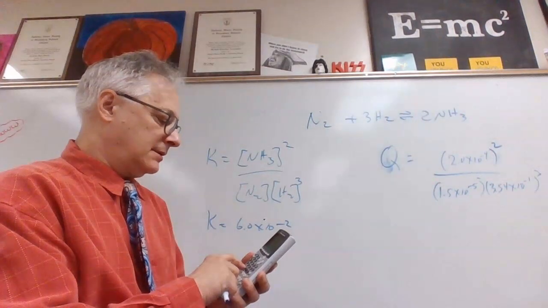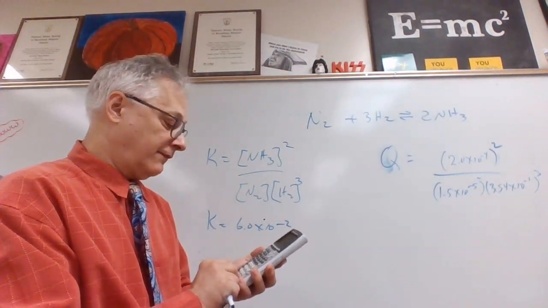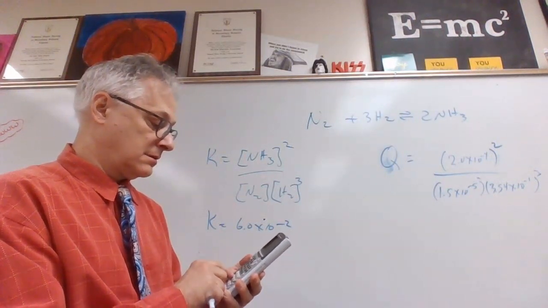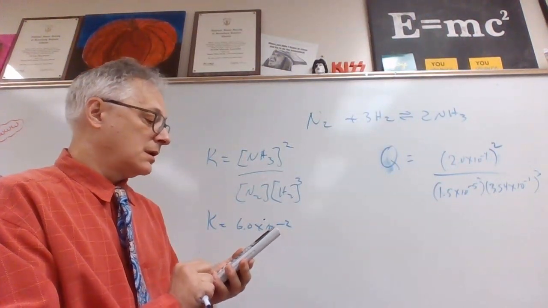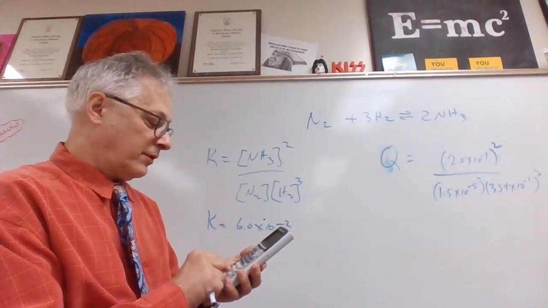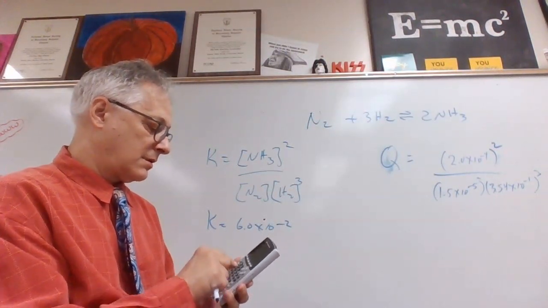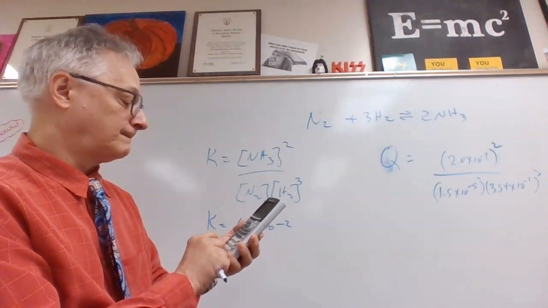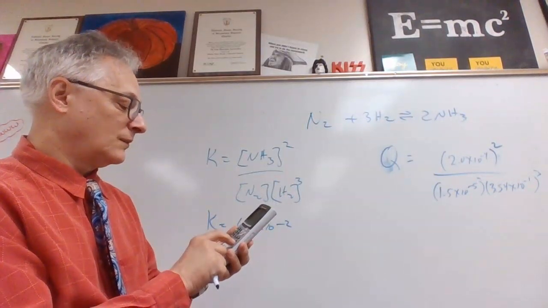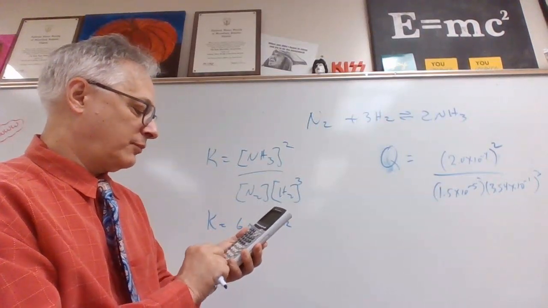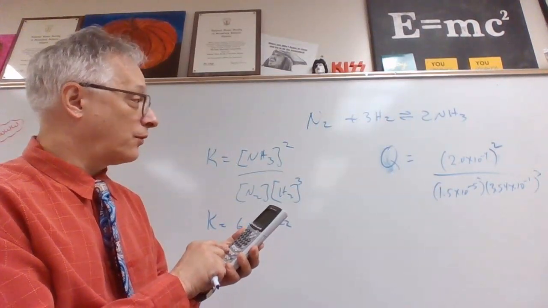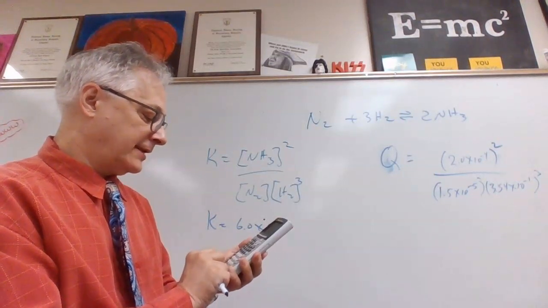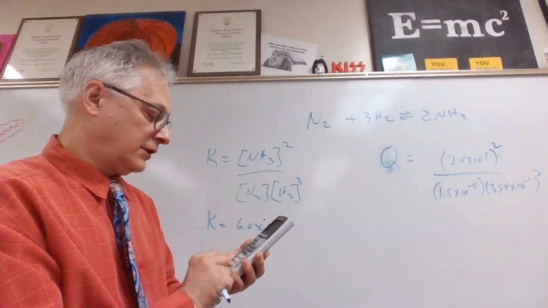2 times 10 to the negative 4 squared is going to be 4 times 10 to the minus 8. And divide by 1.5 times 10 to the minus 5, and we'll divide that by 3.54 times 10 to the minus 1 cubed.